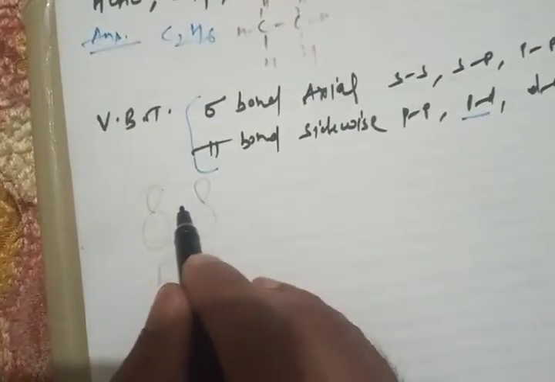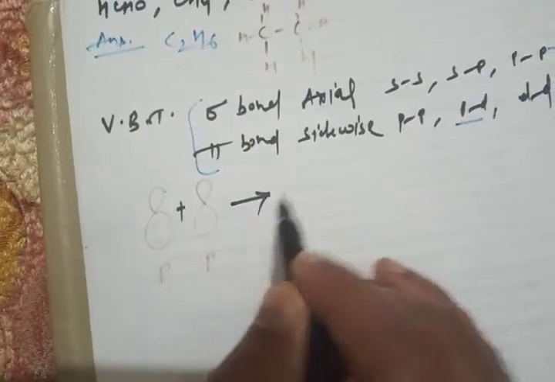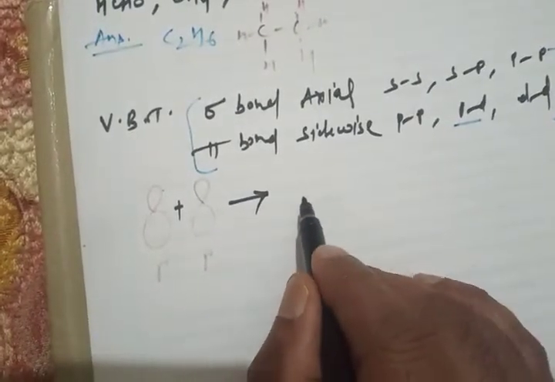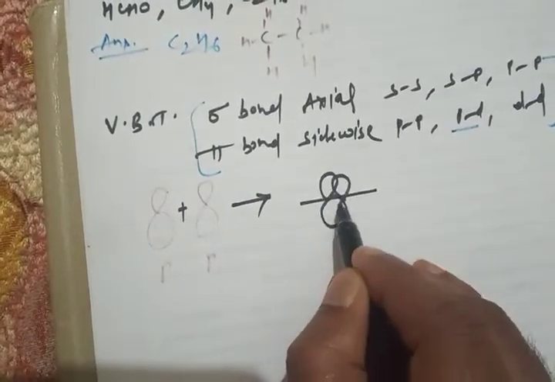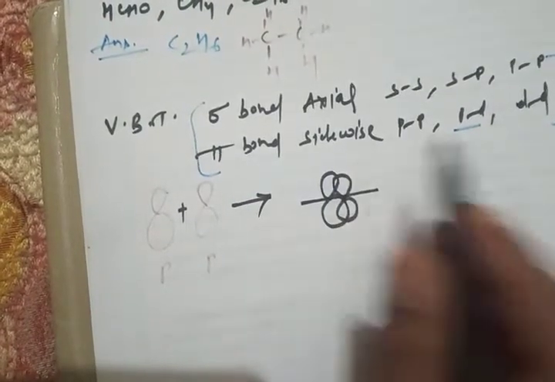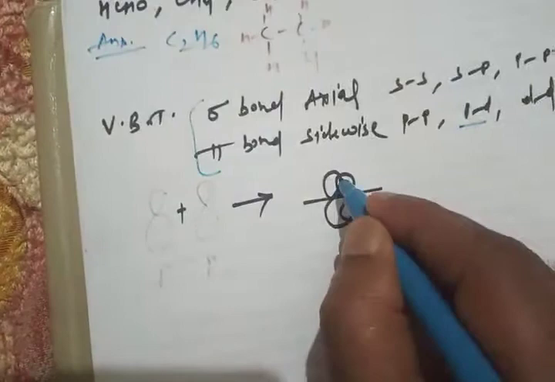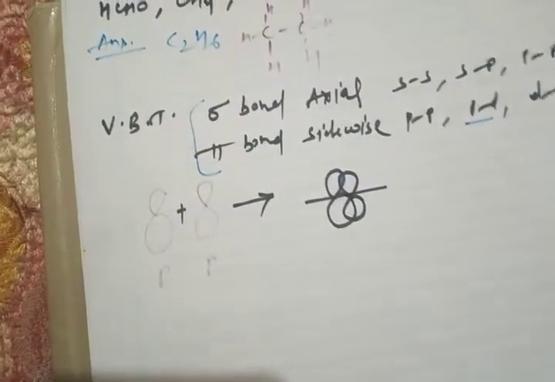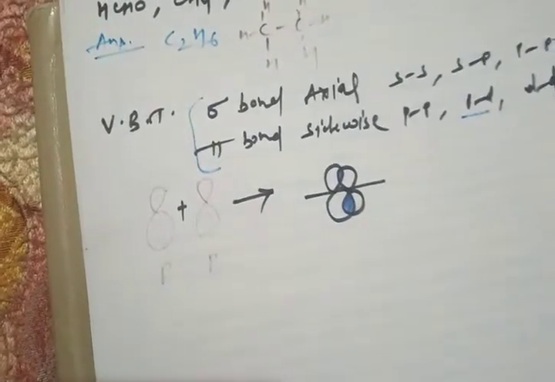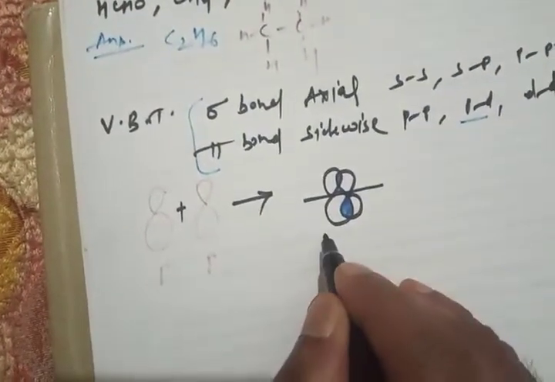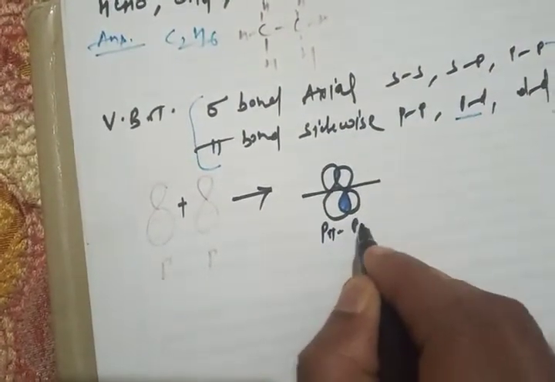Okay, so this will now combine, and this will give this sidewise overlapping like this. Okay, so this is how this will combine.